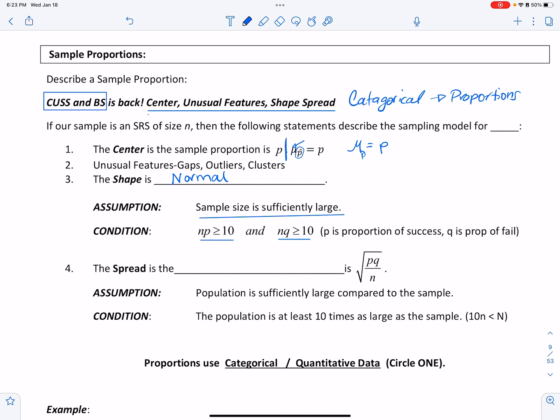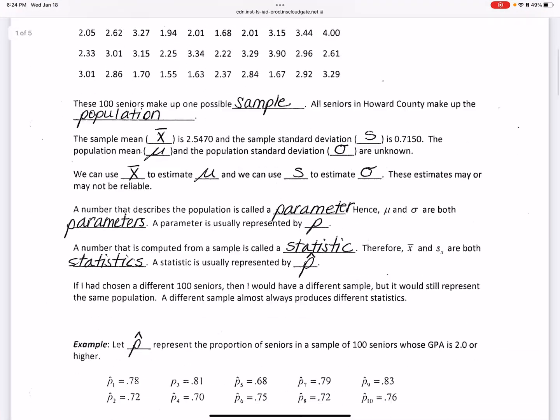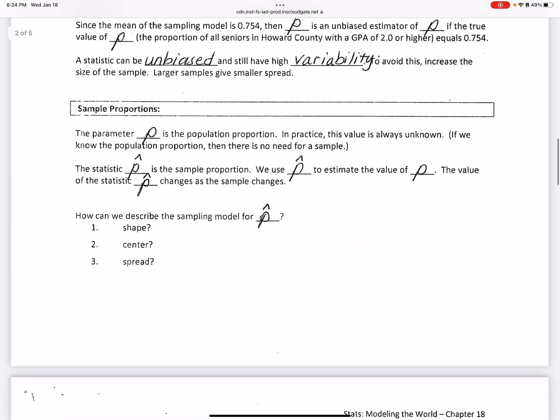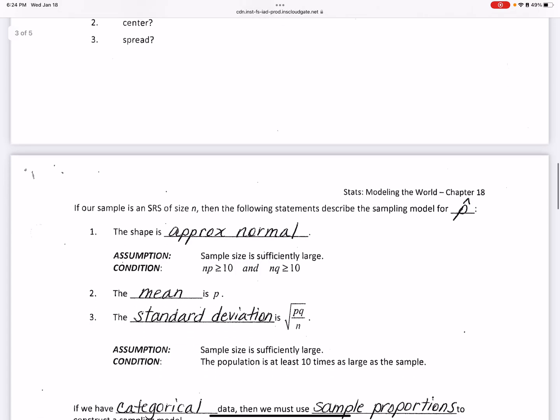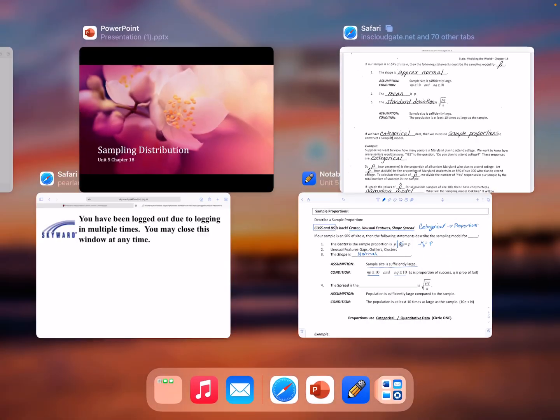So my spread is my standard deviation. I'll show you right here, where we have my normal curve, my mean, and my standard deviation.